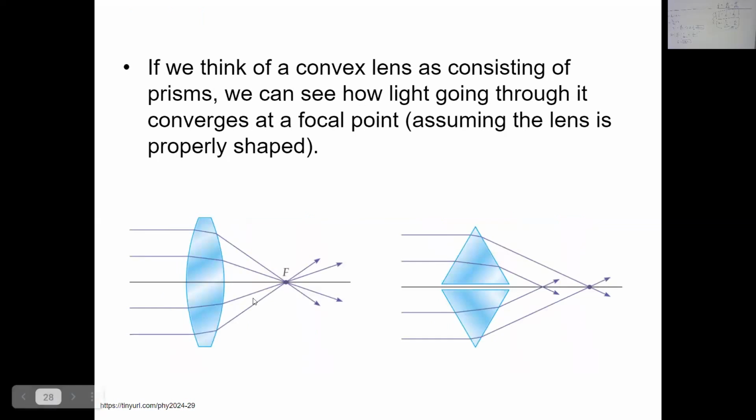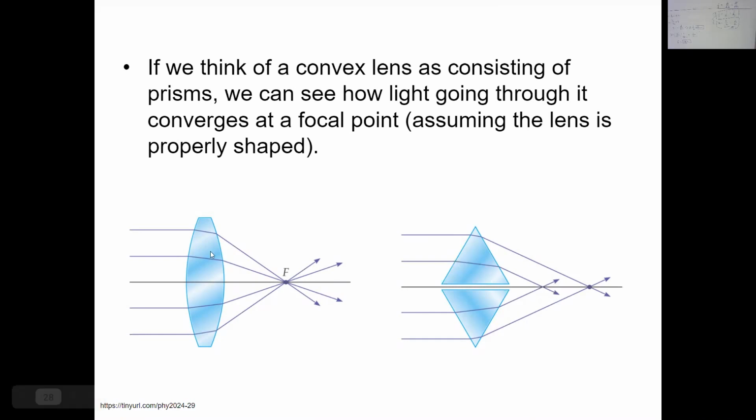Let's take a look at this here. If you have a convex lens, curving outward, the lens will converge rays hitting the lens. In that case, the parallel rays hitting here will converge at the focal point. This is similar to a prism that is able to converge rays on the other side.